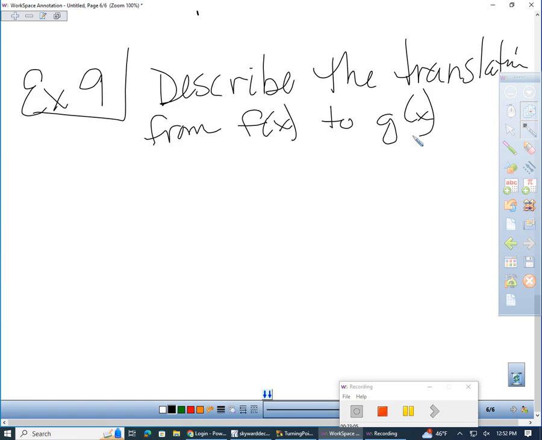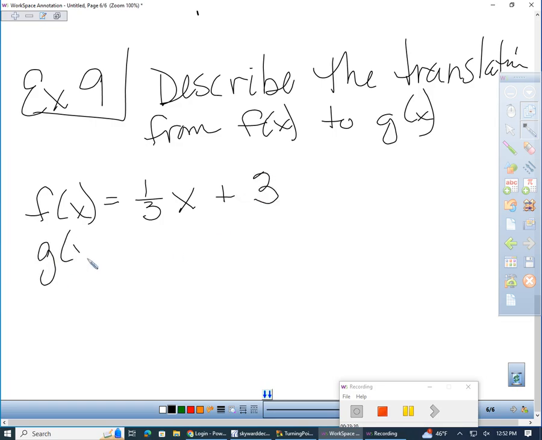So let's say I have f of x equals 1/3 x plus 3, and g of x equals x minus 2.